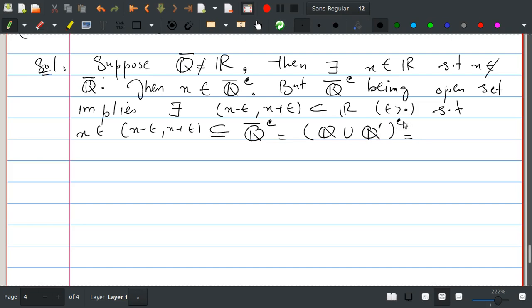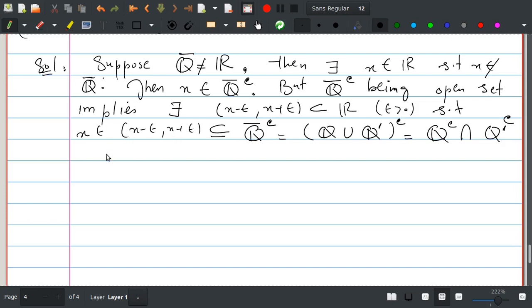Now let us use the De Morgan law. This is Q complement intersection Q prime complement. Now Q complement is the set of irrational numbers. So we have an interval over here which is contained in this set, which contains the set of irrational numbers, but this is not possible because this open interval over here has rational numbers as well.